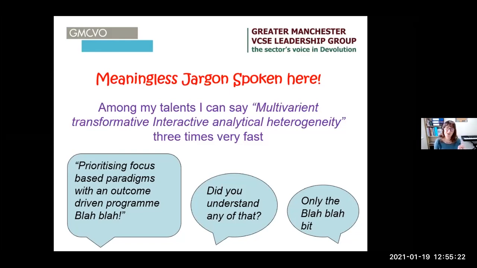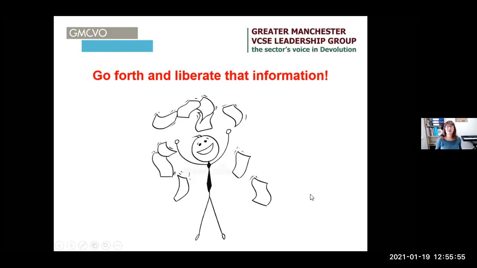No one's going away thinking that you're speaking in management speak gobbledygook. And what I'd really like you to do now is go forth, simplify and liberate that information for your communities so they can play a meaningful part in engagement, especially in the strategic policy and decision making that we're all involved in.